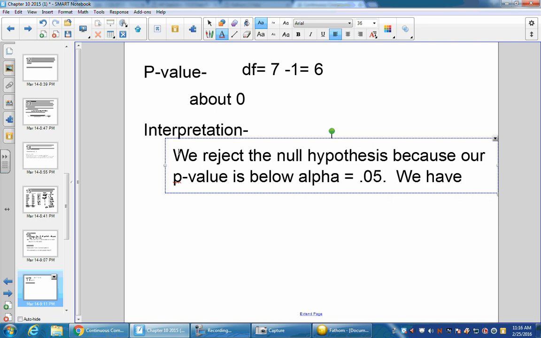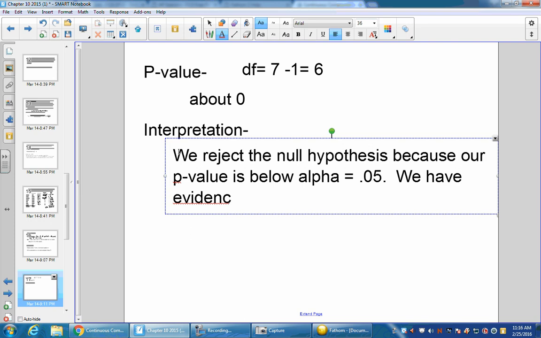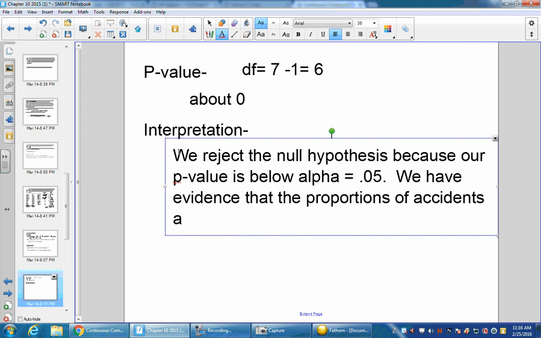So we have evidence that the proportions of accidents on each day are not the same. And that's it.